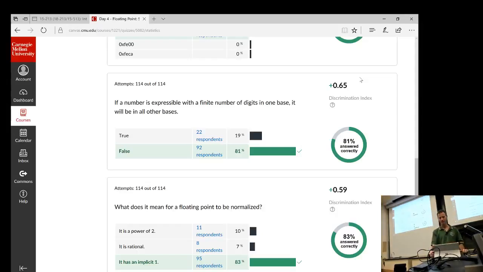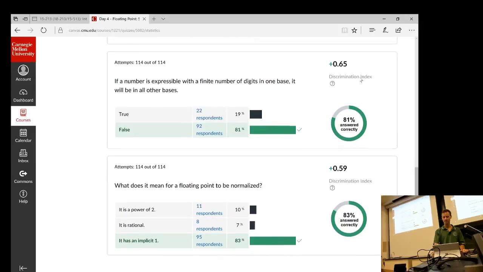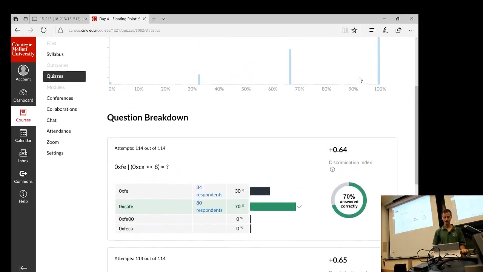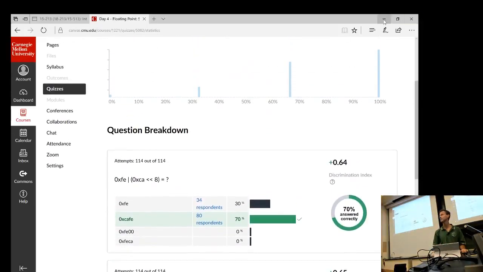And so the answer for that is false, and most got it right. And normalized means a lot of different things, but one of the things it implies is that there's an implicit 1 dot in front of the fractional part, whereas with the denormalized ones, it's an implicit 0. All right, good. Any questions on the quiz?